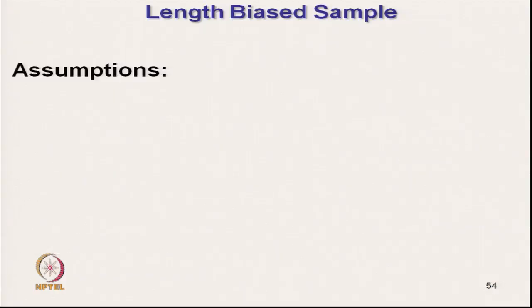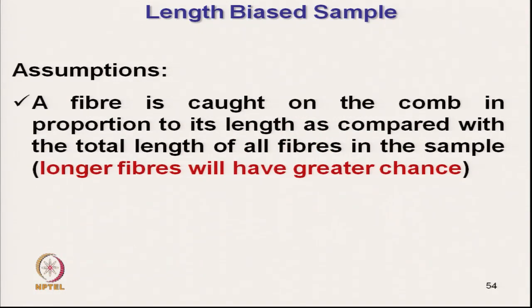and there are two main assumptions. One is that a fiber is caught on the comb in proportion to its length as compared to the total length of the fibers in the sample.